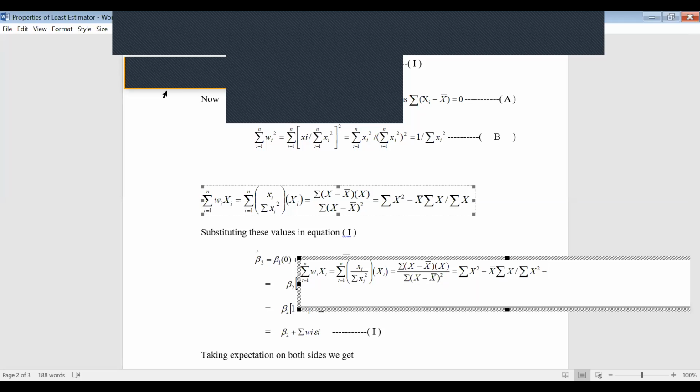So nx bar and nx bar, we have minus nx bar in the denominator. Just expand the square formula, you will get this one.